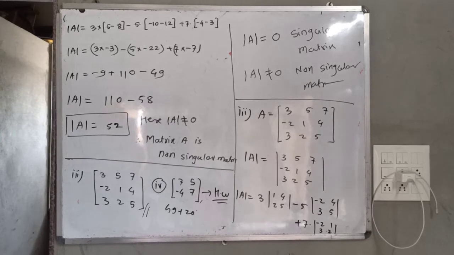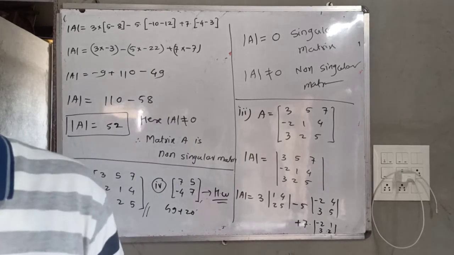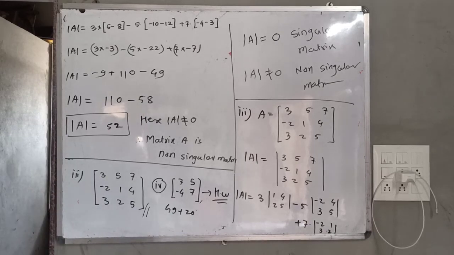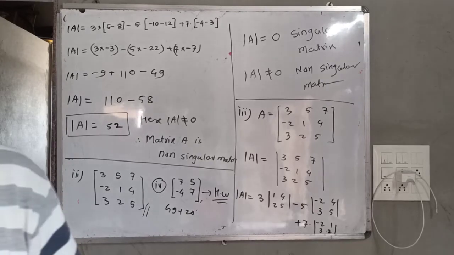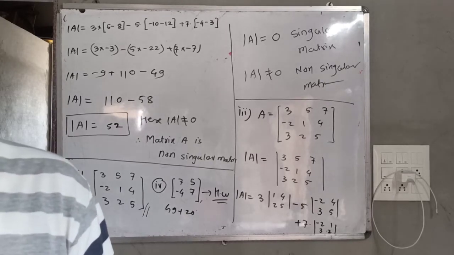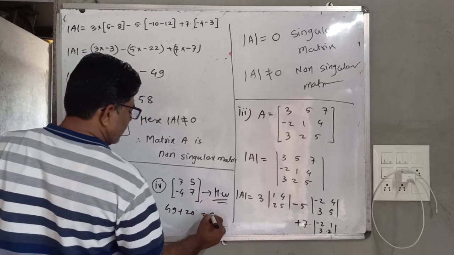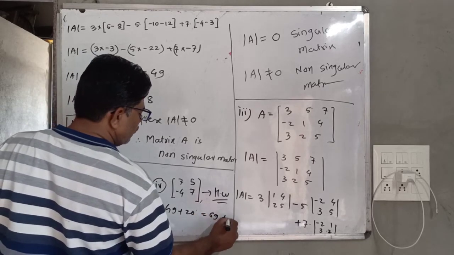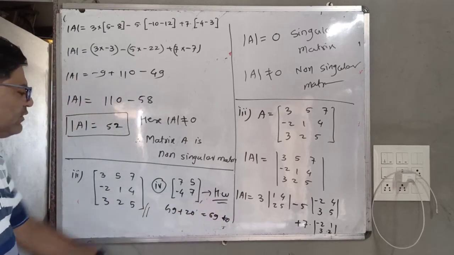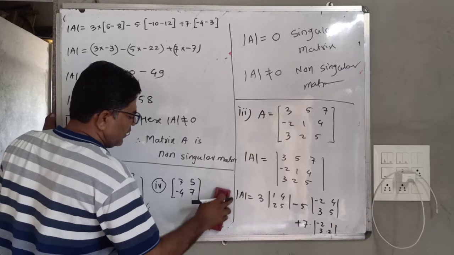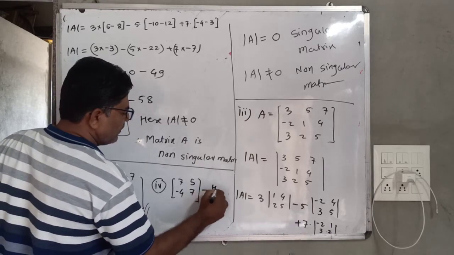The answer will be 69. The determinant is not equal to 0, therefore this is also a non-singular matrix. This is for your homework.